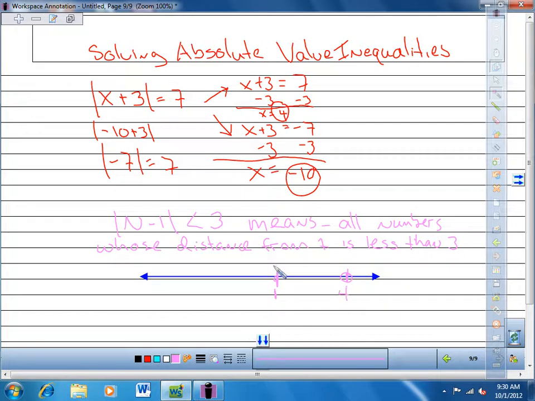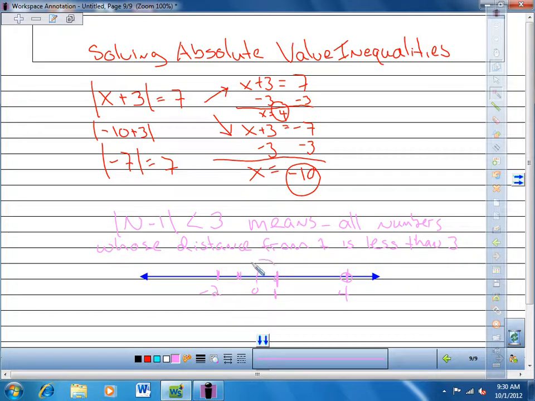Okay? And where do I go to over here? What are all the numbers that are 3 away from 1 on the left side? If this is 0 right here, how far would I have to go to get 3 away to the left of 1? Not negative 3. This would be negative 1, that would be negative 2. You understand that?